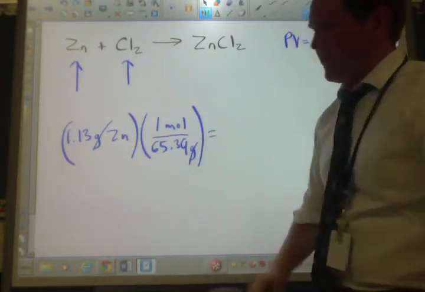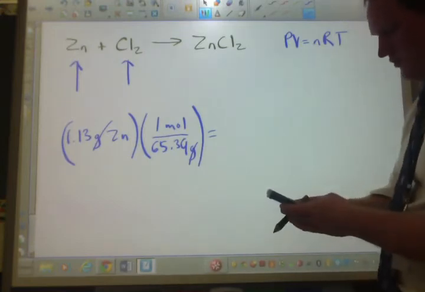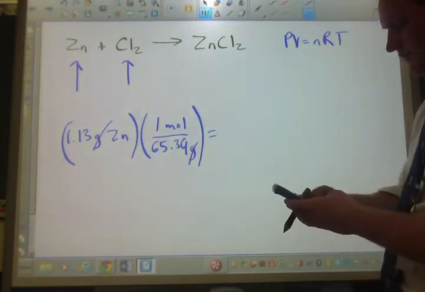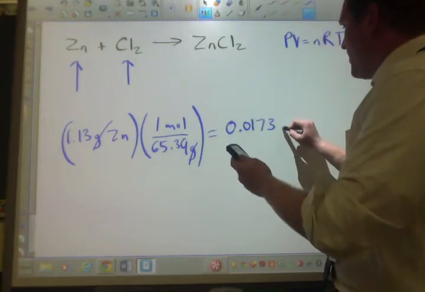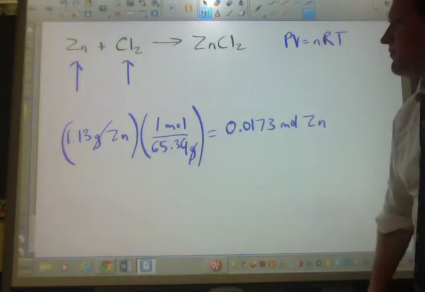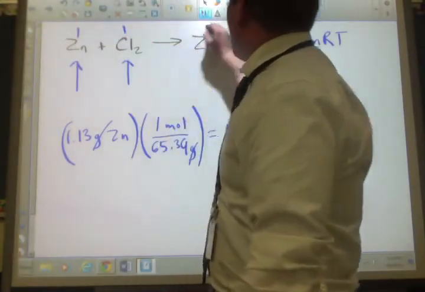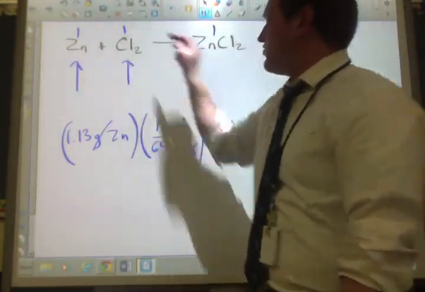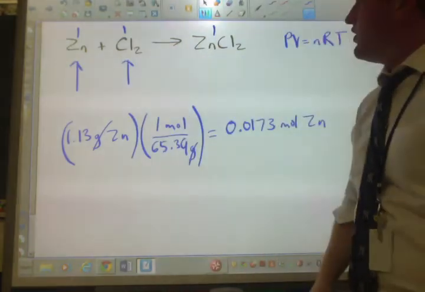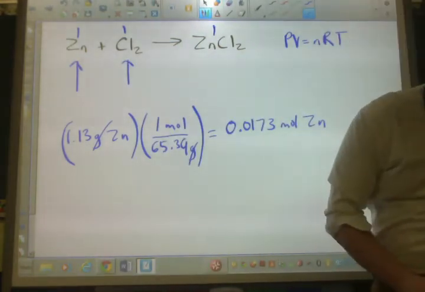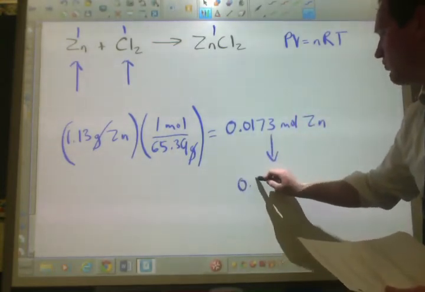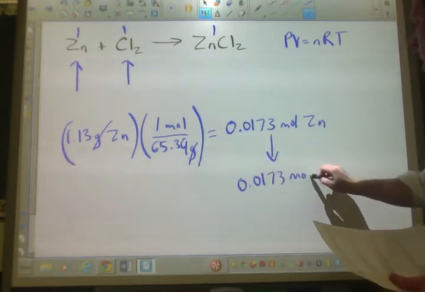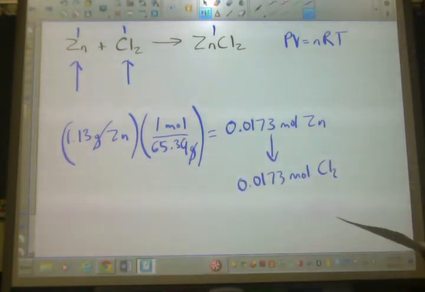Gram cancels gram, and we get 1.13 divided by 65.39 equals 0.0173 moles of zinc. Now, because this is a 1 to 1 to 1 ratio, for every mole of zinc consumed, I am also consuming 1 mole of chlorine gas. So this is also 0.0173 moles of Cl2.